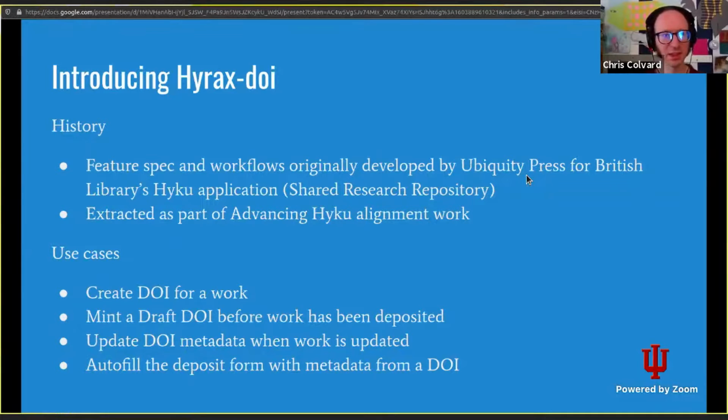This lets you get a DOI and embed it within a PDF that you might be attaching to a work. The other feature they use a lot is autofilling the deposit form if there is a pre-existing DOI for an object that you're newly bringing into the repository but that exists outside. That will save you a lot of time, because sometimes those DOIs have some pretty extensive metadata.